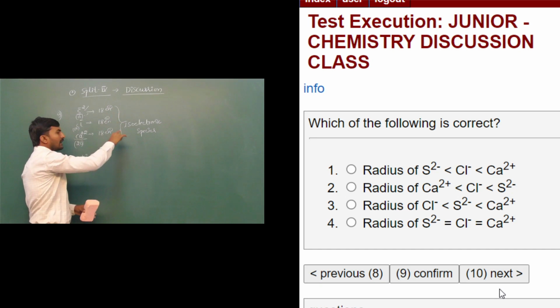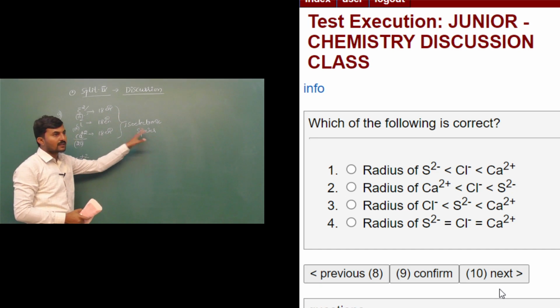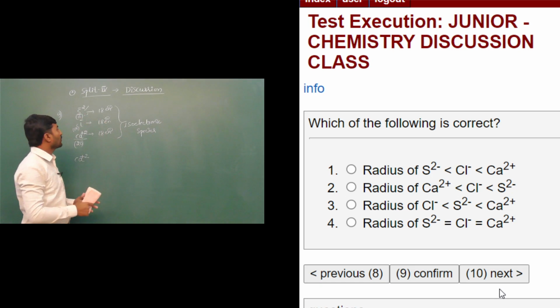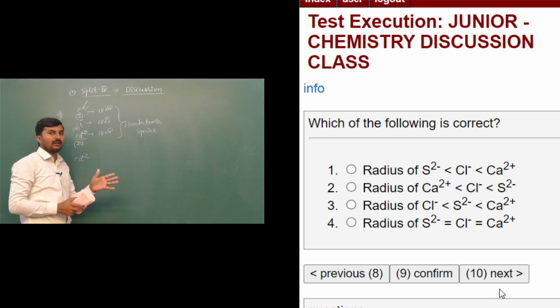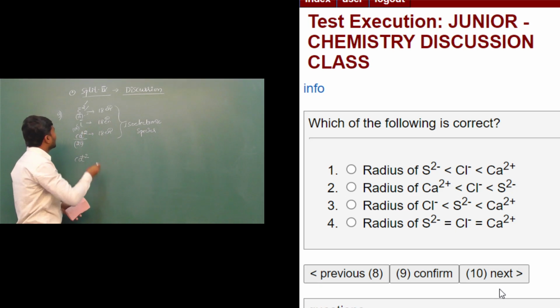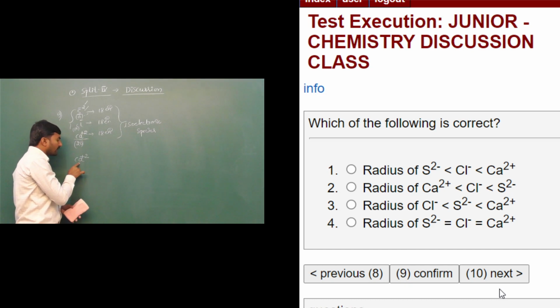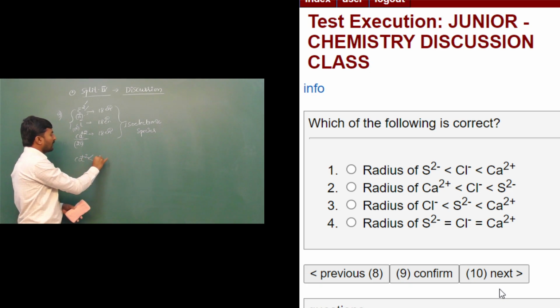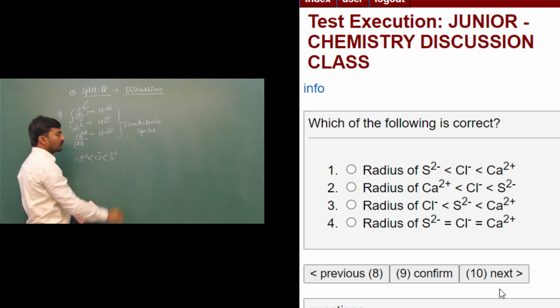As all these ions have 18 electrons, being isoelectronic species, we can compare their radius only with respect to their charges, whether it is a cation or anion. Here they have given two anions followed by one cation. Size of Ca plus 2, that means the cation, is always less than that of Cl minus, which is always less than that of S minus 2. This is the trend.